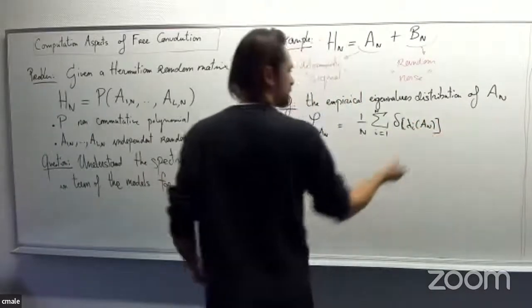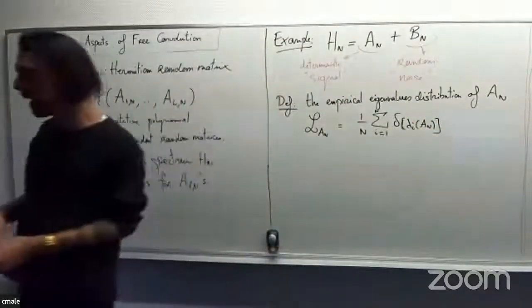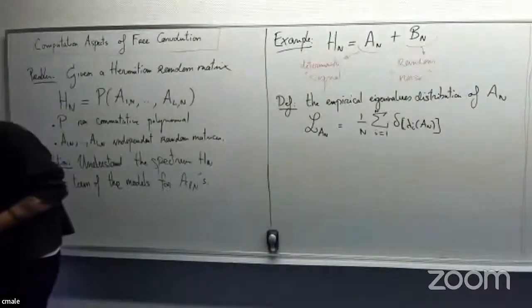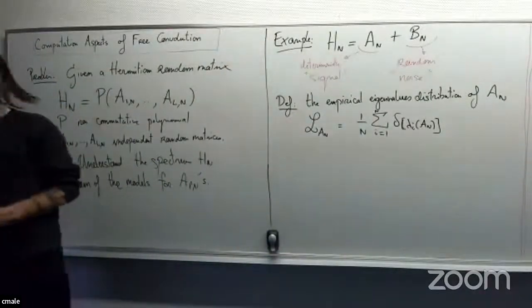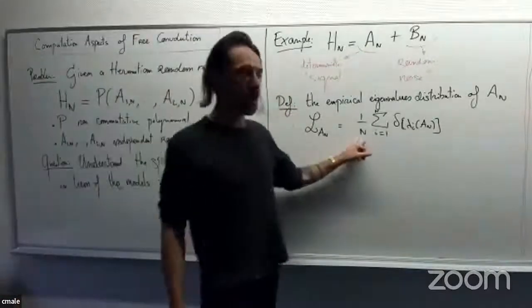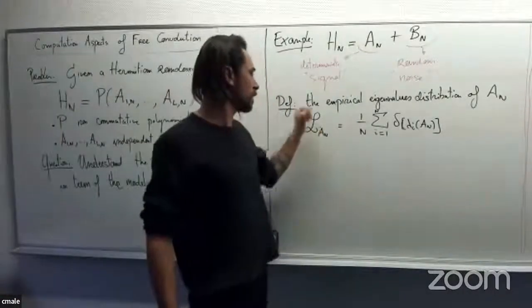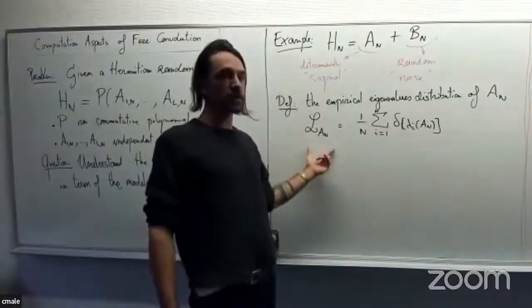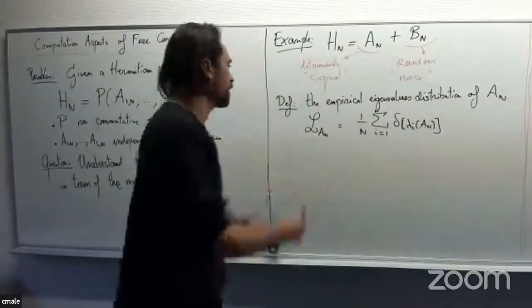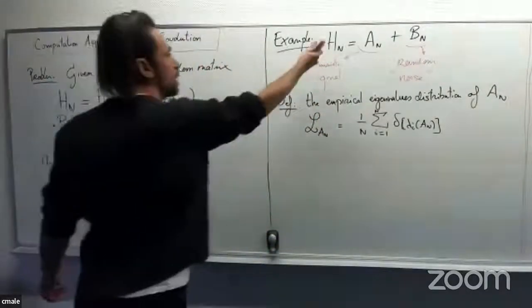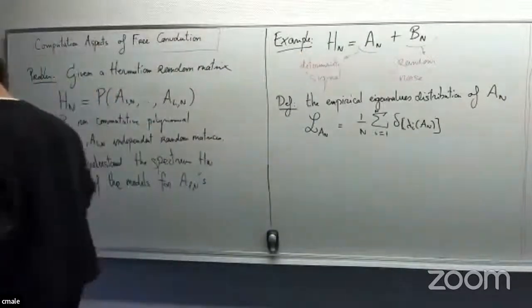So lambda i of AN is the eigenvalue of the matrix AN. Okay? And so we have encoded the spectrum in a probability measure. And what we are looking for is the behavior of this probability measure for AN, or the L of the sum of two matrices AN plus BN.